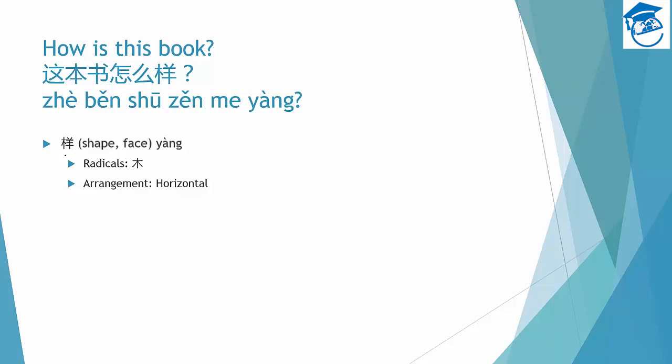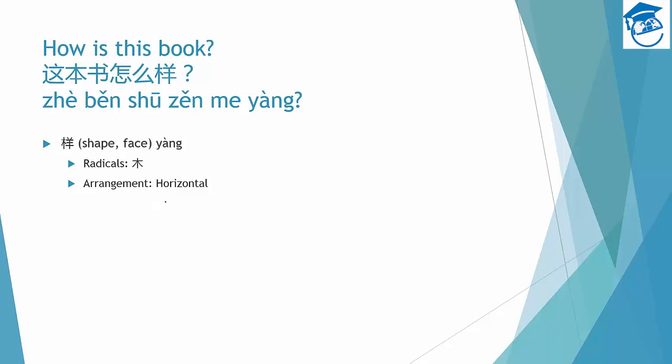Okay? The only word that you don't know is the final word there, yang. So yang, it has the meaning of the shape or face of one thing. This is the pinyin, and the radical is what's on the left there.